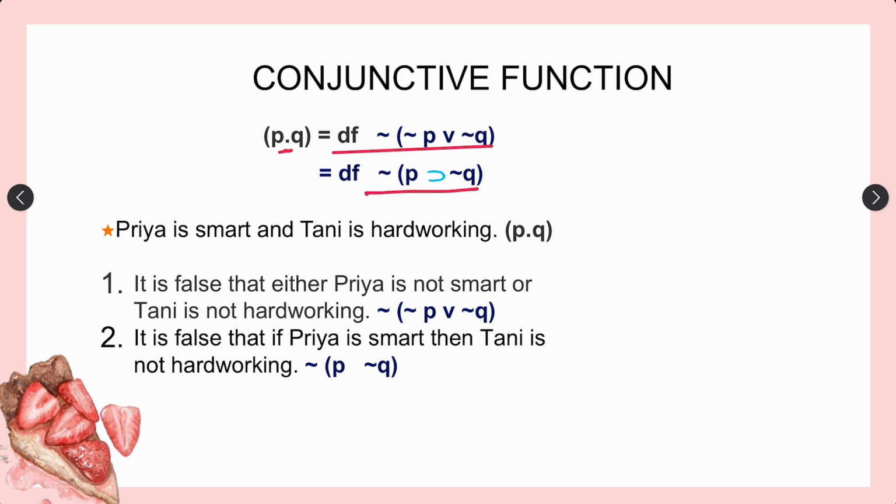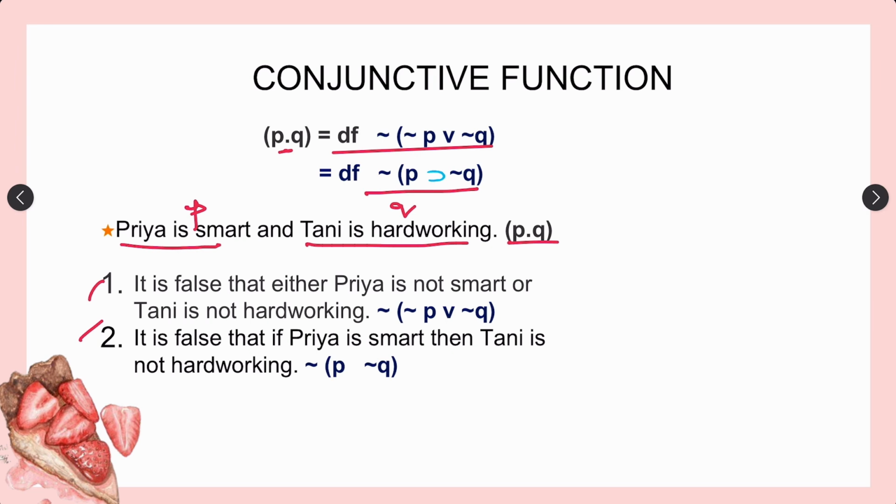Now let's see with the help of an example. The given example is: Priya is smart and Tane is hardworking. This will be P, this will be Q, and it can be symbolized as P dot Q. The meaning of the following two statements is the same.